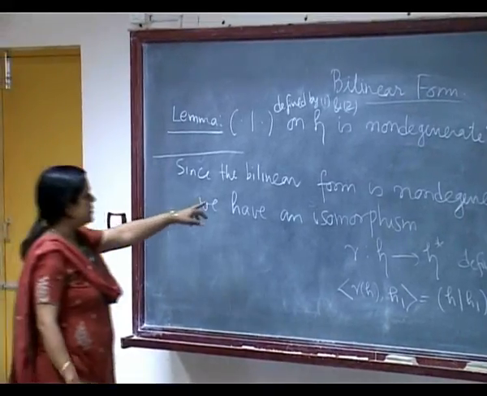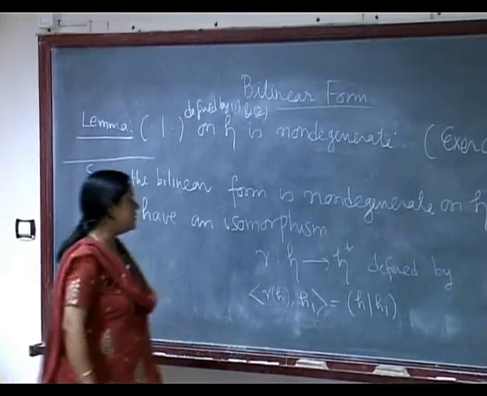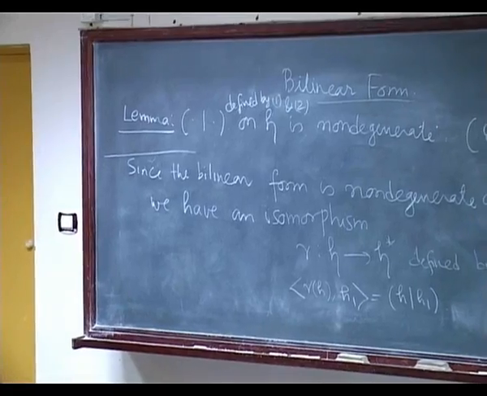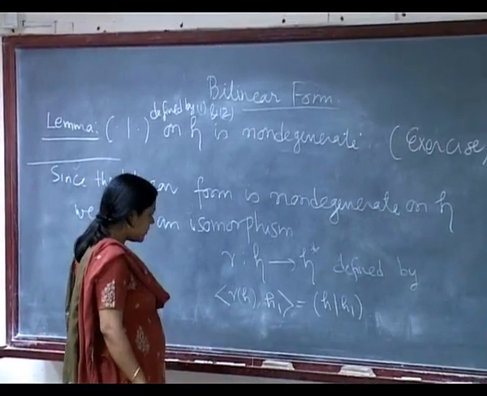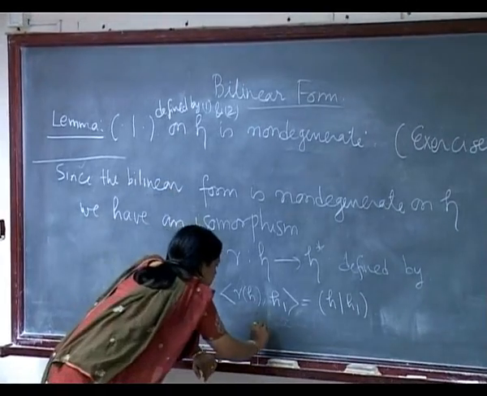Because of this non-degeneracy, we have this isomorphism. So, now from here we can find out what is nu of alpha_i check.